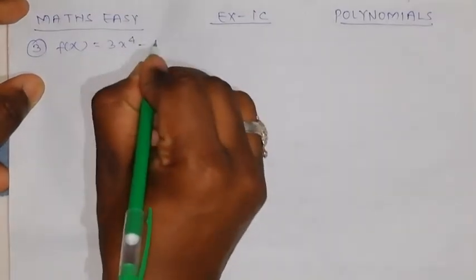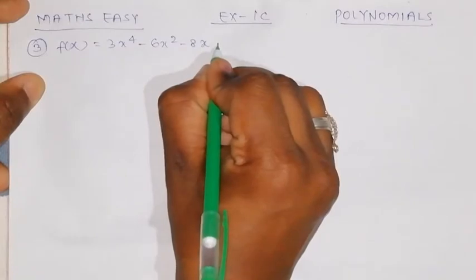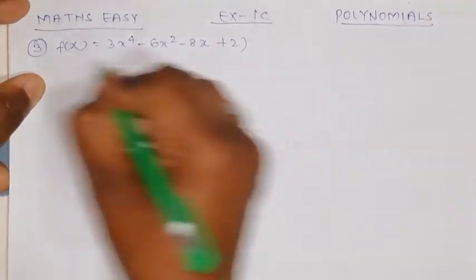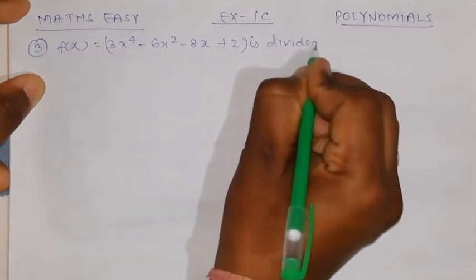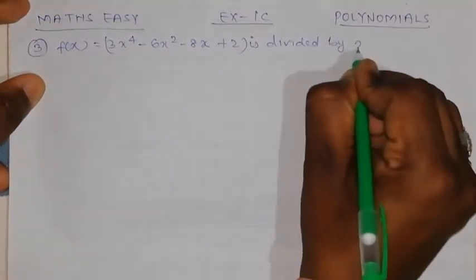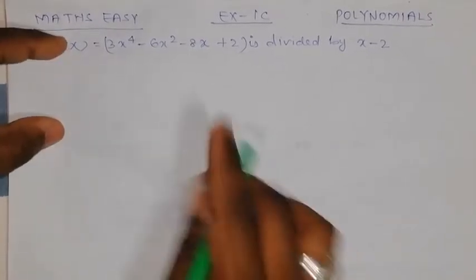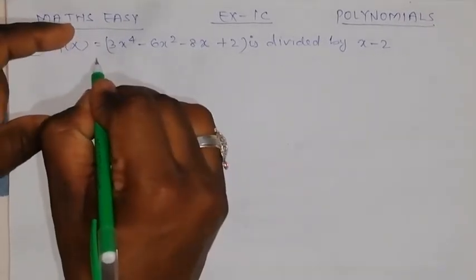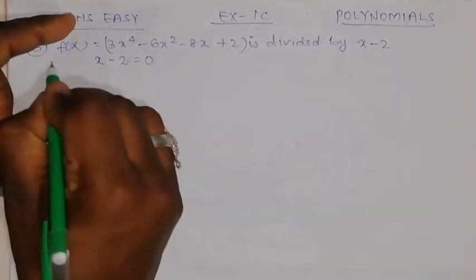Question number 3: when f(x) = 3x to the power 4 minus 6x square minus 8x plus 2 is divided by x minus 2, means x minus 2 is equal to 0.